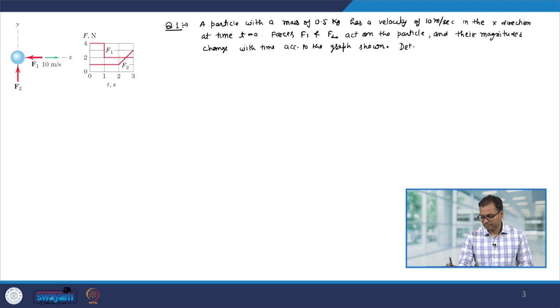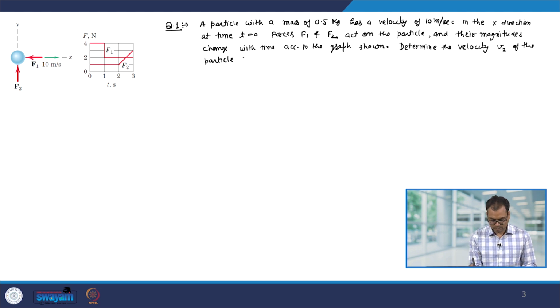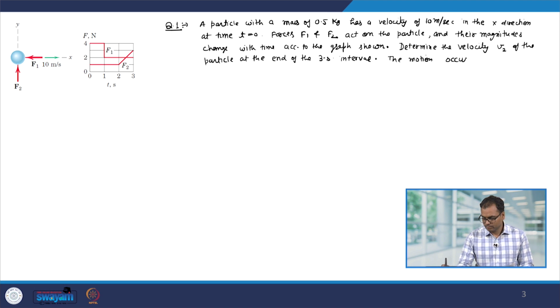Determine the velocity v2 of the particle at the end of the 3-second interval, and it is given that the motion occurs in the horizontal xy plane.